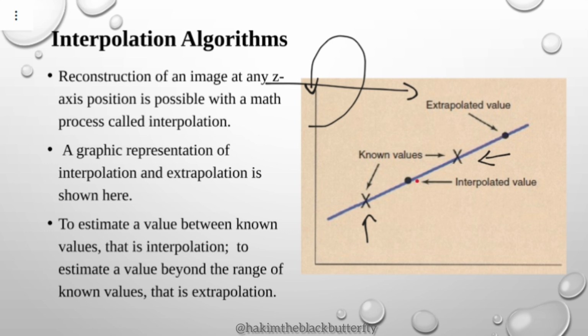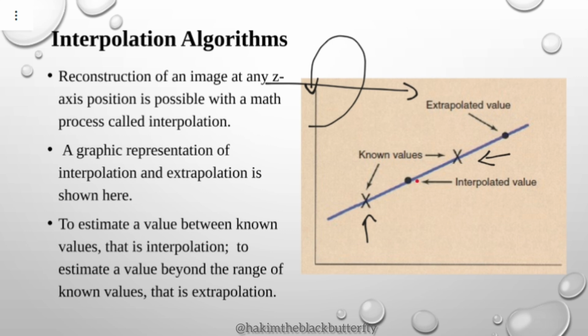We call that interpolation. Or it becomes very easy to calculate an unknown value outside the two, which we call extrapolation. So these algorithms in CT can be used to estimate the information in between maybe the two slices.